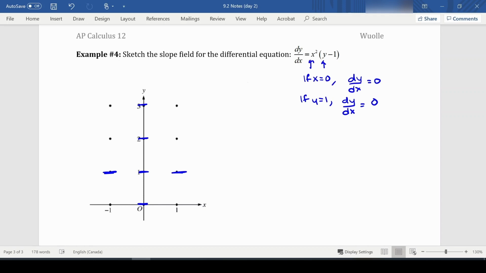So we've got 6 points left that are a bit messier. At 1, 0, you'd have dy/dx equals 1 squared times 0 minus 1, which gives us negative 1. That's this one here. At 1, 2, dy/dx is going to be 1 squared times 2 minus 1, which gives us 1.